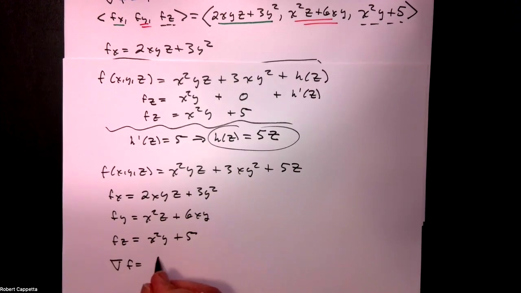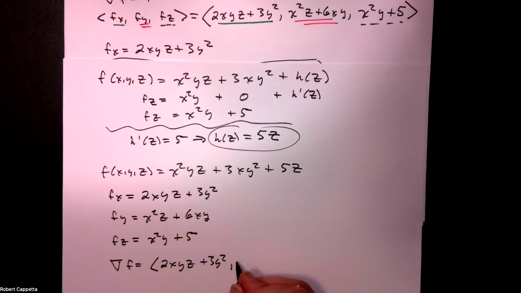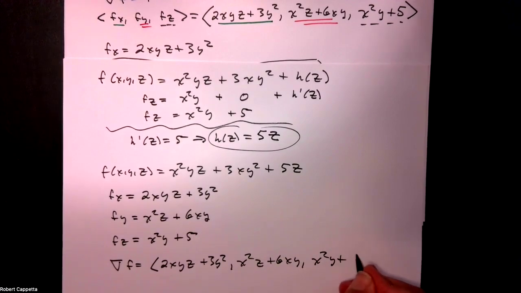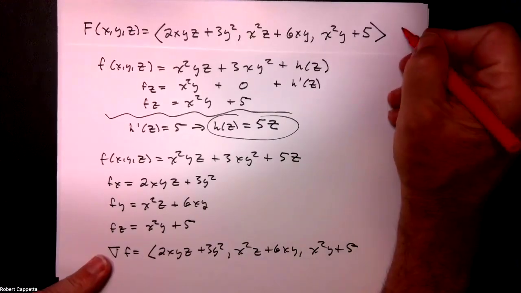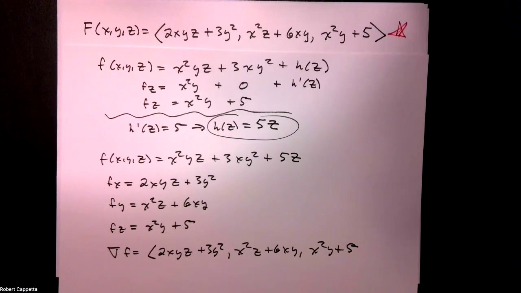My gradient of f is 2xyz plus 3y squared, comma, x squared z plus 6xy, comma, x squared y plus 5, which you will notice, all the way on the top, that these match. This starred one is big F of x, y, z, and this is the gradient of f, which concludes that f is the potential function for this irrotational vector field, which is conservative and a gradient field.